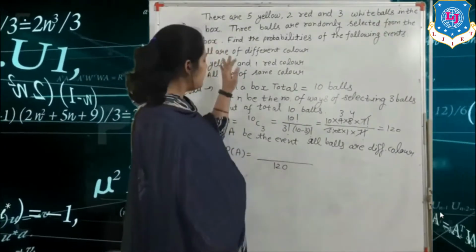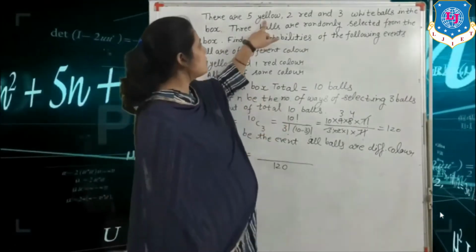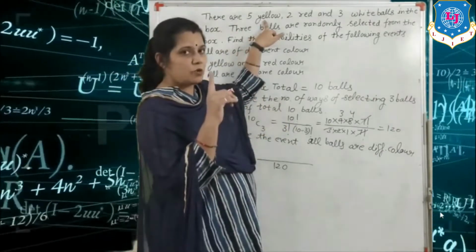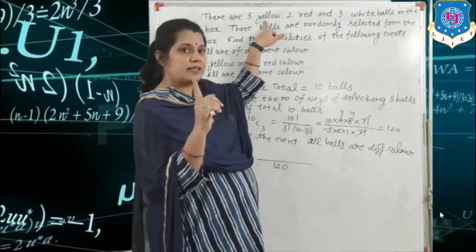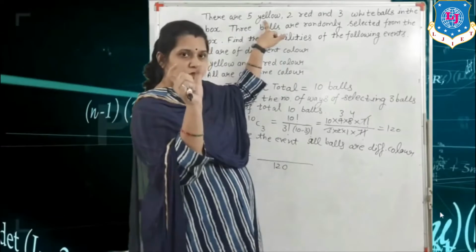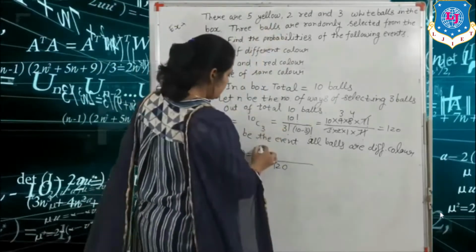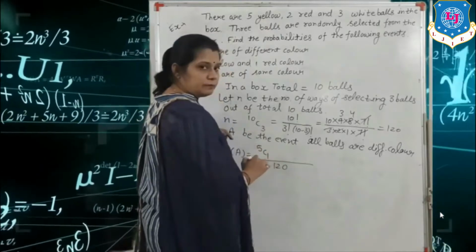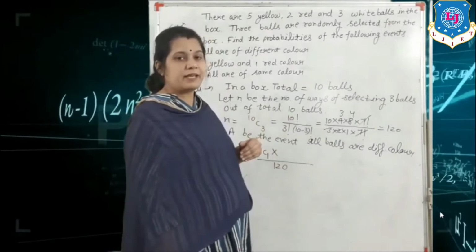We find that all balls are of different colors. First, one ball is yellow. What is the probability of getting one yellow ball? It is 5C1, because our total yellow balls are 5 and we select one yellow ball. We write the multiply sign. Why do we write the multiply sign?